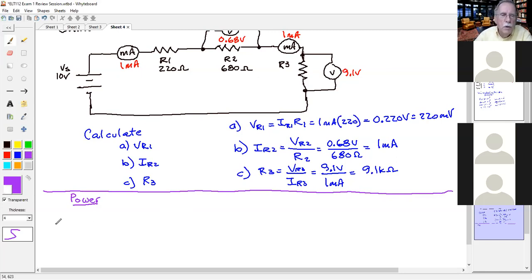And we remember there are three power formulas: P equals I times V, P equals I squared R, P equals V squared over R. So if I was going to solve for P sub R1, I have my three choices. Which of the three formulas would I use? A, B, or C? If in this circuit I was looking for P sub R1.